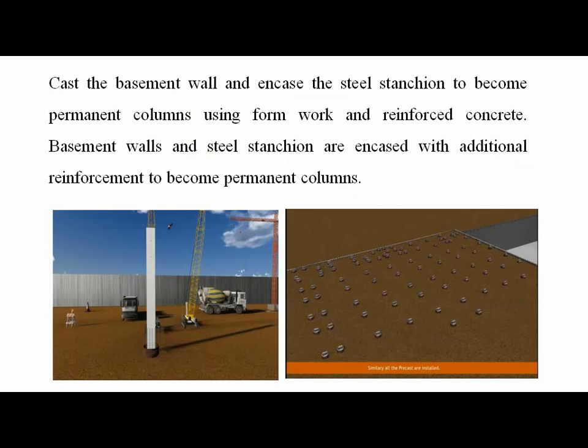So as I told, the steel columns with the help of concrete cast all the slabs and columns. Basement walls and steel stanchions are encased with additional reinforcement to become permanent columns. And if any intermediate columns or walls are needed, you can go on constructing.